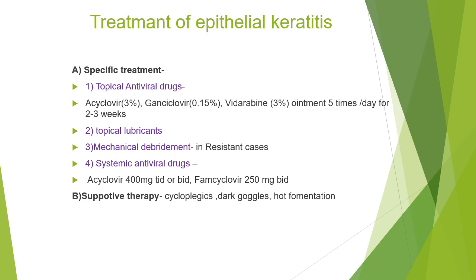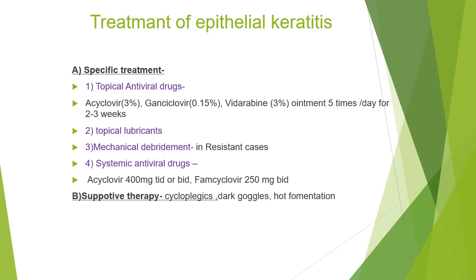What is the treatment for this epithelial keratitis? You can go for acyclovir ointment, because antiviral drugs don't come as drops, they always come as ointments. Keep that in mind. The most commonly used is acyclovir ointment 5 times a day for 2 to 3 weeks, and as there is an irregular surface, you need to use lubricants consistently, and sometimes you can go for mechanical debridement.